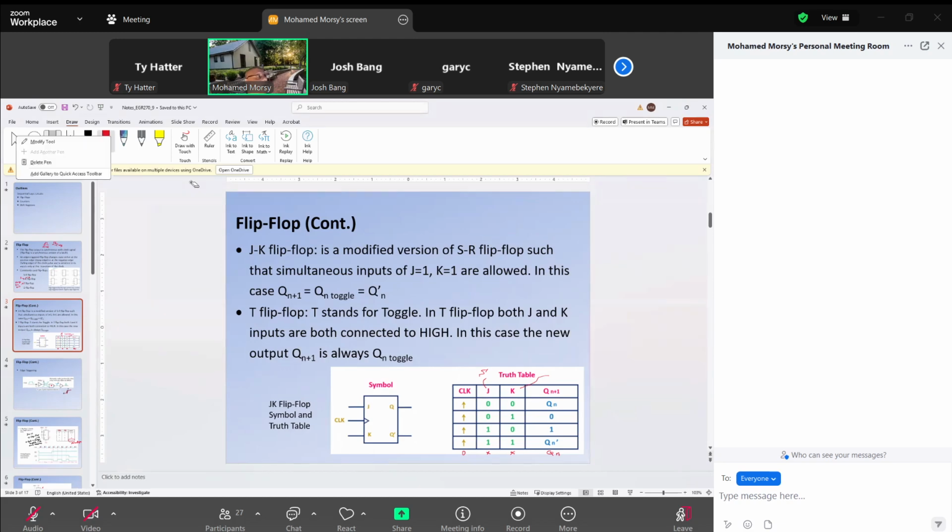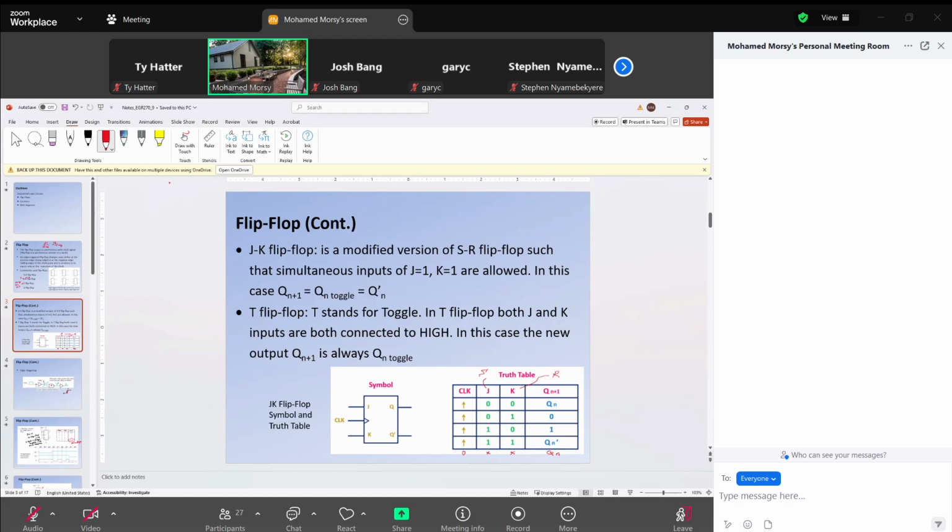If J is 1 and K is 0, like S is 1 and R is 0, set the output to 1. If J is 0 and K is 1, like S is 0 and R is 1, reset the output to 0. 0, 0, we mentioned no change.